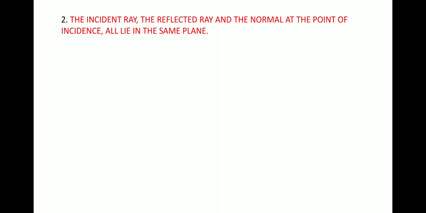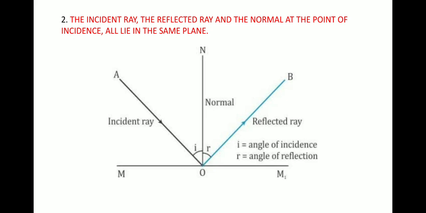Next will be the second law of reflection, which states that the incident ray, the reflected ray and the normal at the point of incidence all lie in the same plane. So over here, this is the incident ray, this is the normal, and this is the reflected ray.